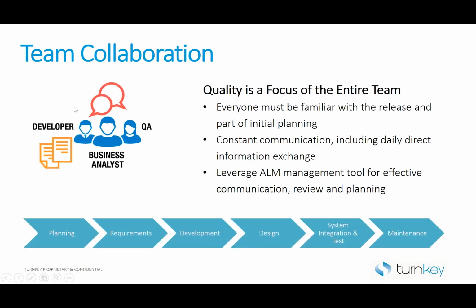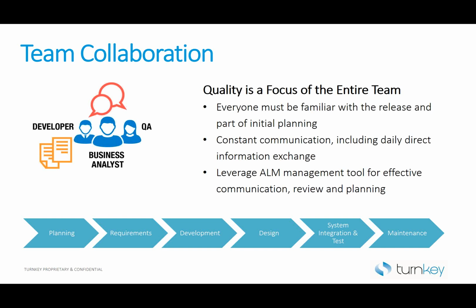So in order to effectively implement DevOps as part of this process or modify that process to include DevOps, quality has to be a focus of the entire team. It's no longer the QA team's sole responsibility at the end of a process, but rather, as we mentioned, it's integrated in. So it includes the developer, includes the BAs, and includes, of course, the QA team, which doesn't go away.